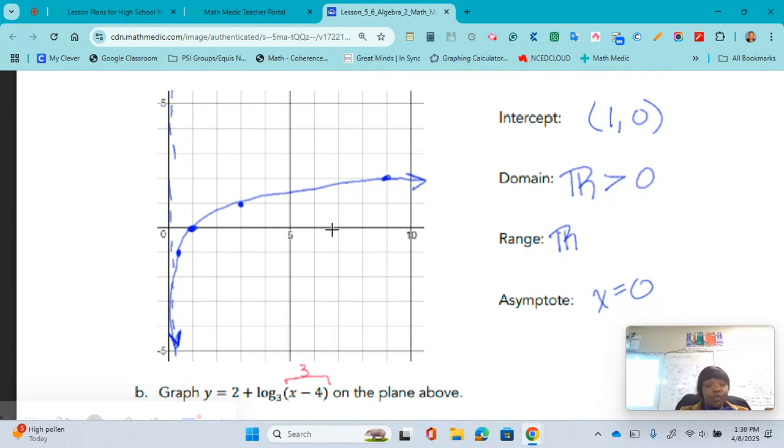And we know that is 1. So in order for me to get 3 in here, what does my x have to be? 7. My x would have to be 7 for me to get 3. Log base 3 of 3 is 1. 1 plus 2 is 3. So when I plug in a 7, I output a 3.